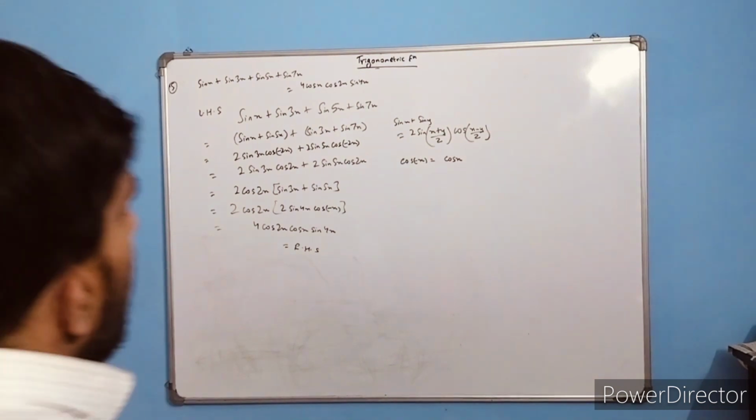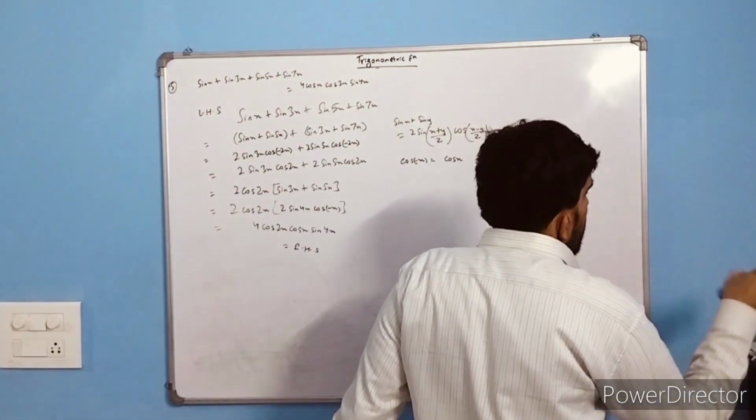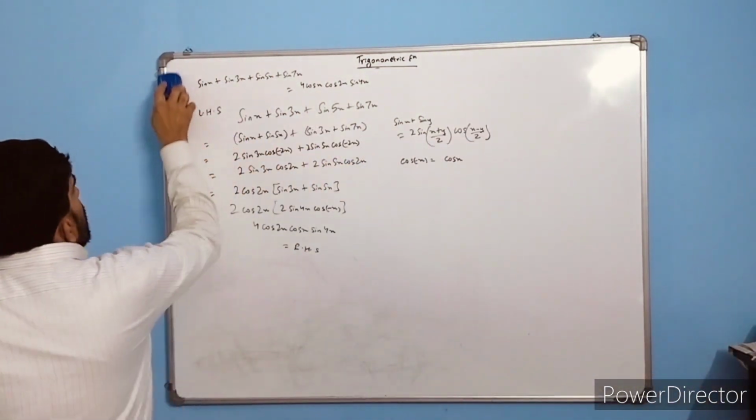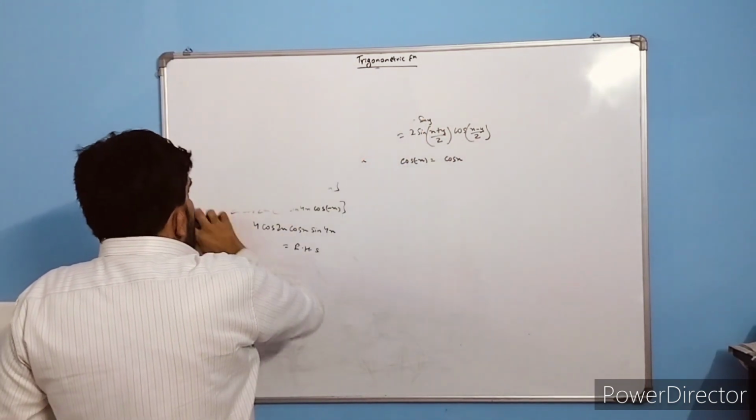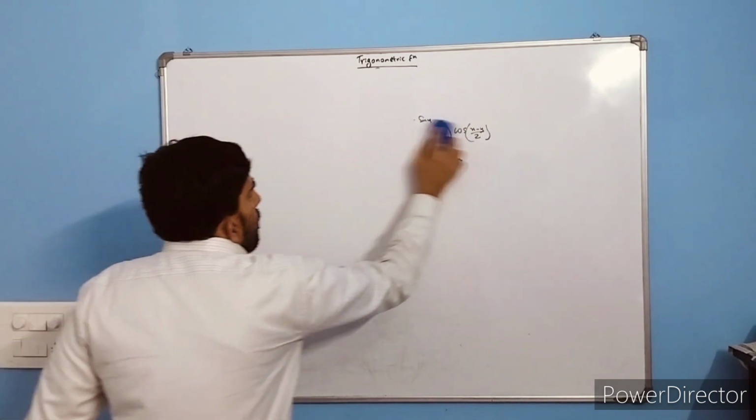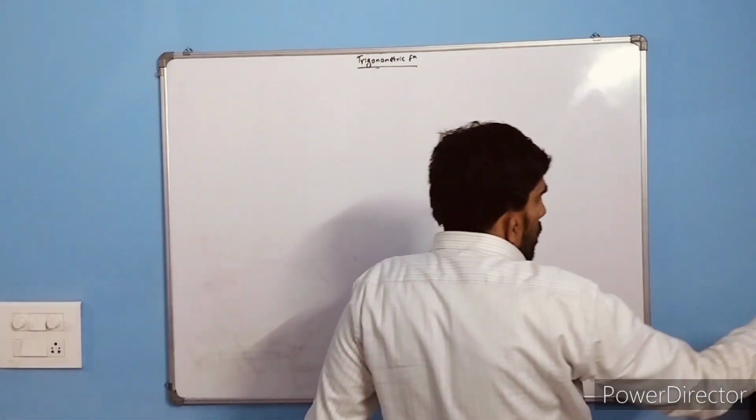So now we'll try to solve the next numerical. Okay, we have just solved 5 numericals. Now let us see what the next one is asking. That is the 6th question.